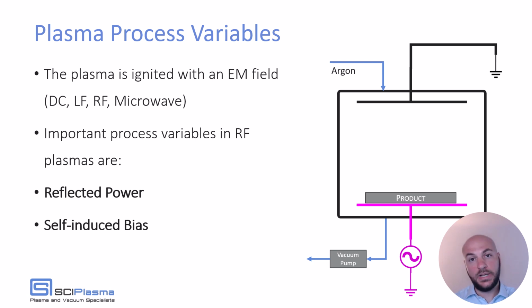The self-induced bias, which is a property defined by the geometry of the system, by the gas, the pressure, the configuration, and the surface area, or the pressure, which is the most direct and easiest to monitor.